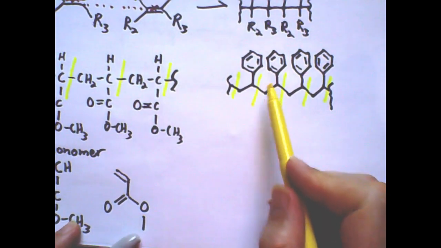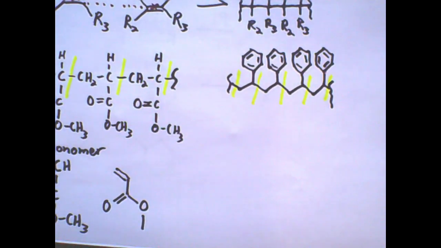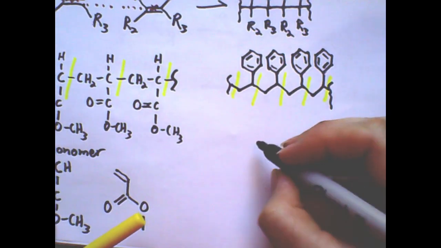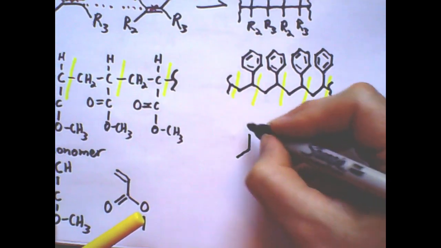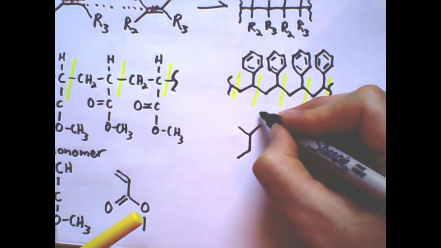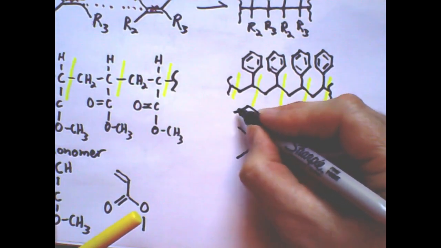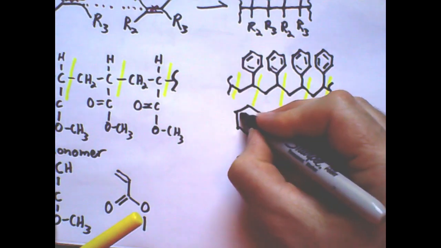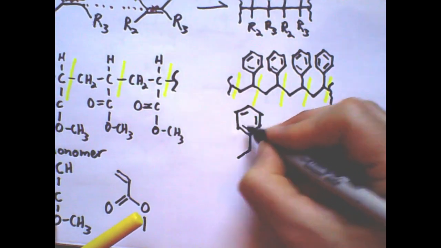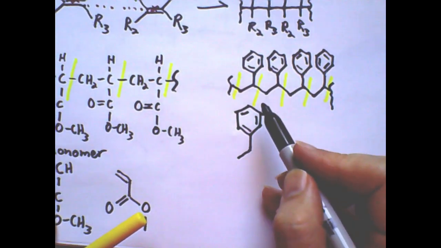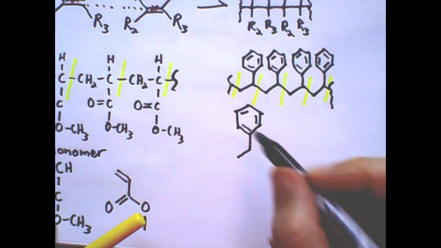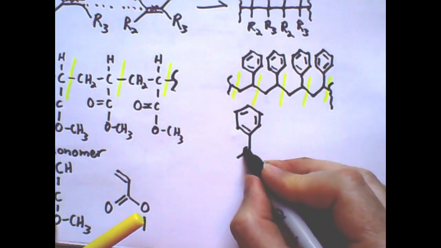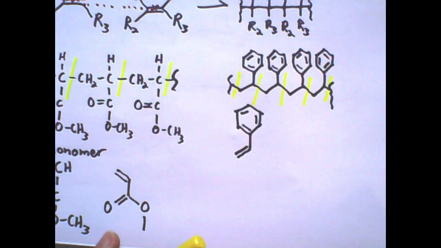Now I just need to draw a single monomer. And between those two carbons, instead of having a single bond, I make it a double bond.